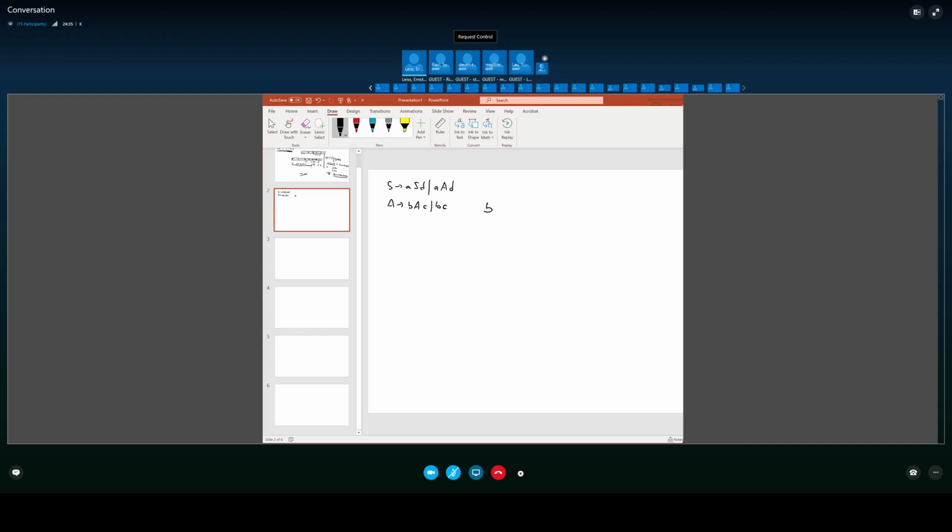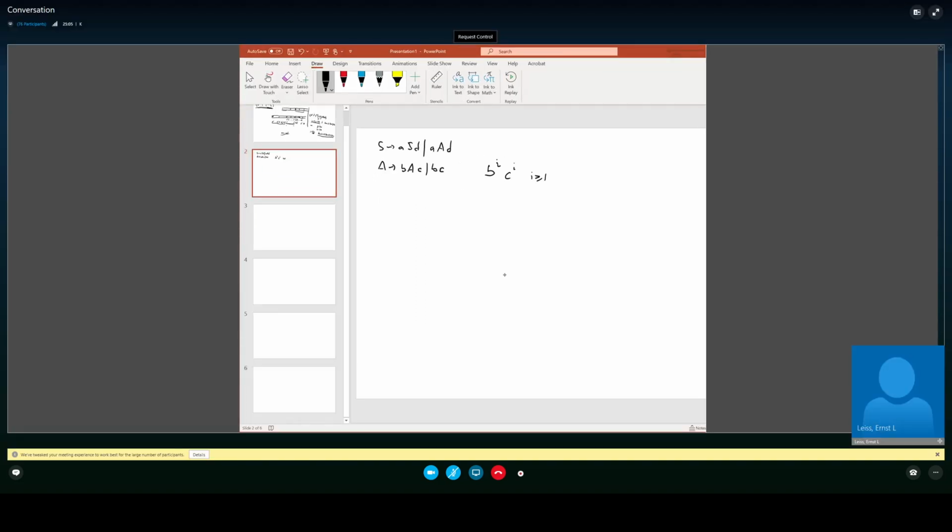You get a bunch of Bs followed by the same number of Cs, and you need at least one of these, because going from capital A to BC gives you one B and one C. If you go A to BAC, then you get at least one more matching B and C, so this is I greater or equal to 1.